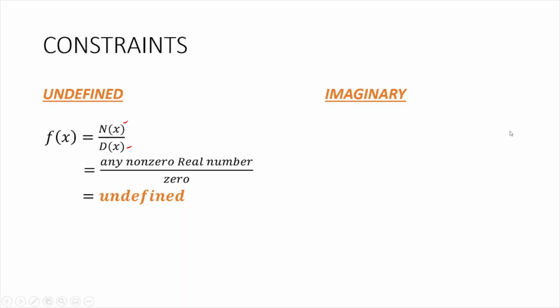Now, you may be wondering why this is considered to be undefined. So we have a rational function, and a rational function involves a division operation. Remember that division operation and multiplication operation are inverses of each other. All right, so let's make a simple comparison.